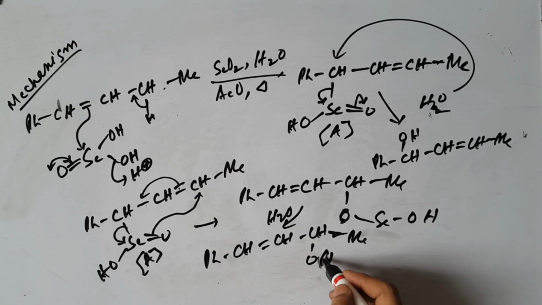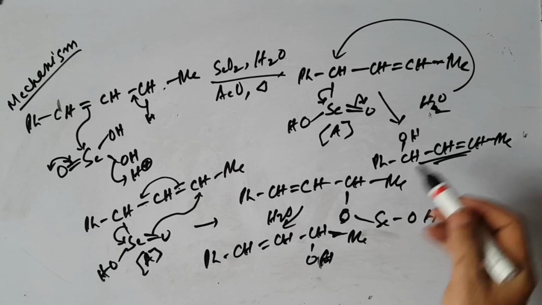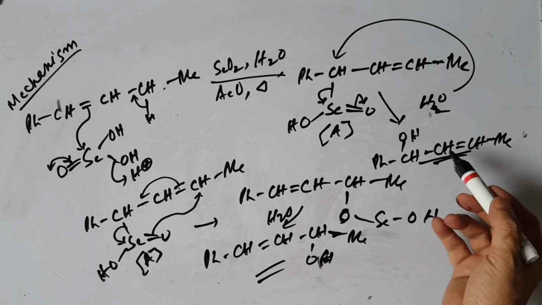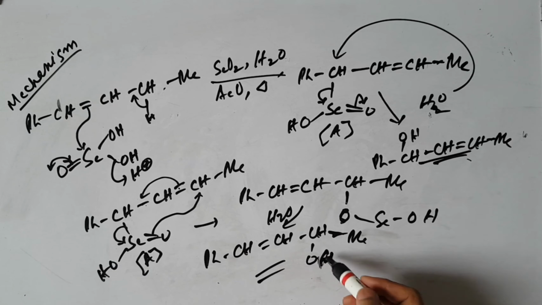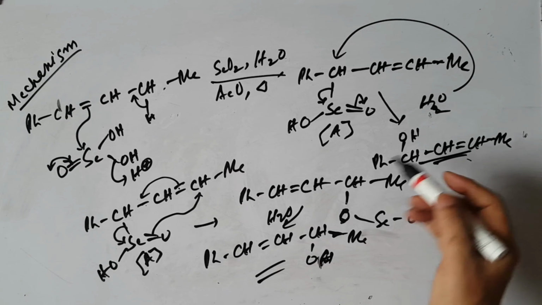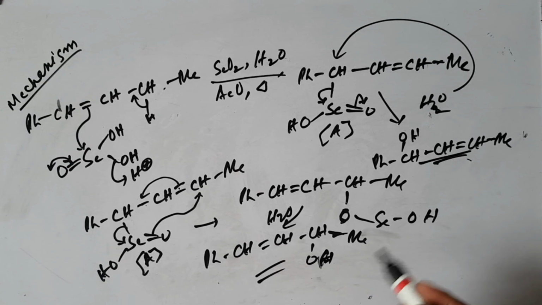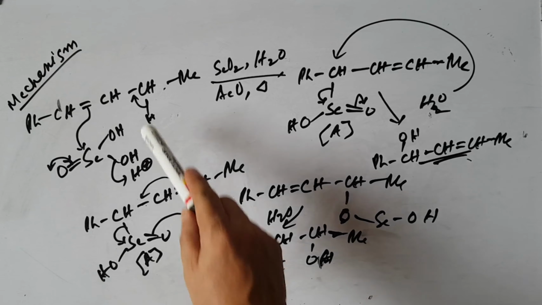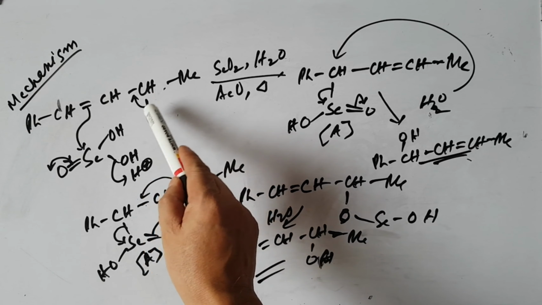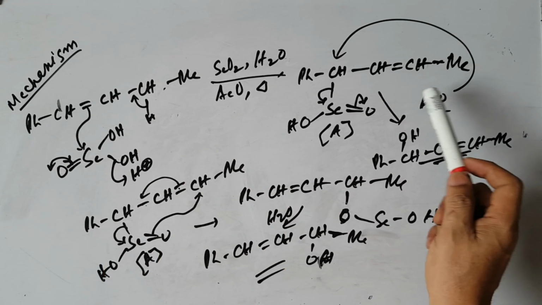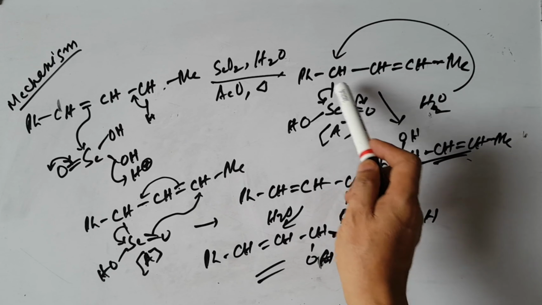So we got another product. This is also an allyl alcohol, but the position of the bond is different. Now OH is near the phenyl here, but OH is near the methyl group here. So the position of OH is different. I'm repeating again for allylic oxidation using selenium dioxide: migration of this hydrogen takes place, attack on this, with loss of water, then again water attacks this position, and selenium is lost.